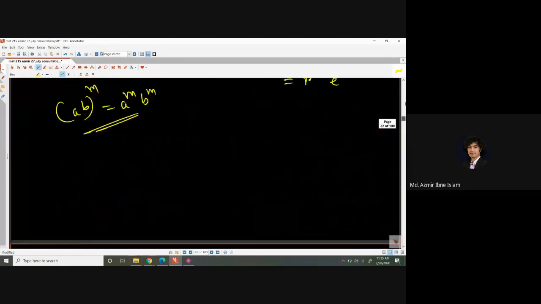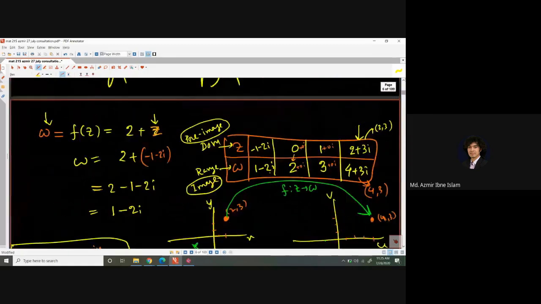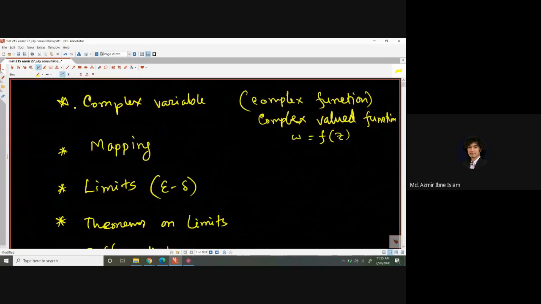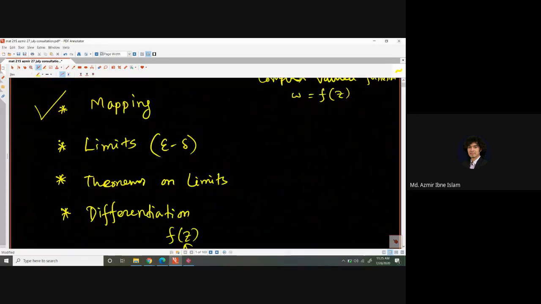So let's move to whatever we have discussed up to now, that is complex variable and mapping. So let's focus on the limits.